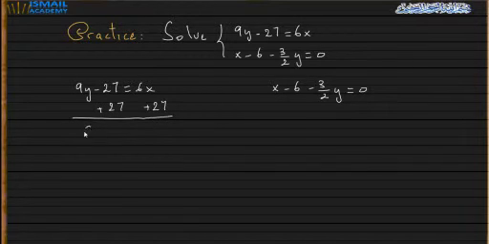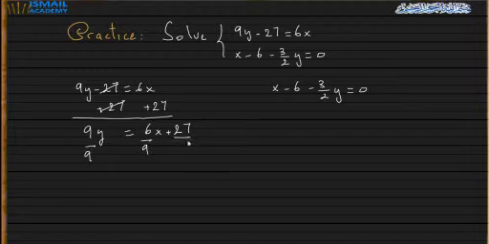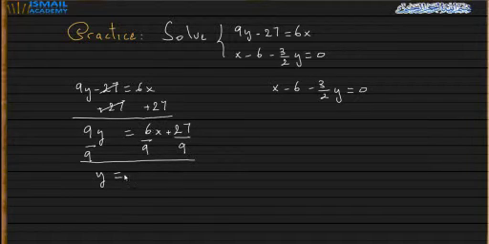We end up with 9y equals 6x plus 27. Then divide each term by 9, and I have y equals 2/3 x plus 3.